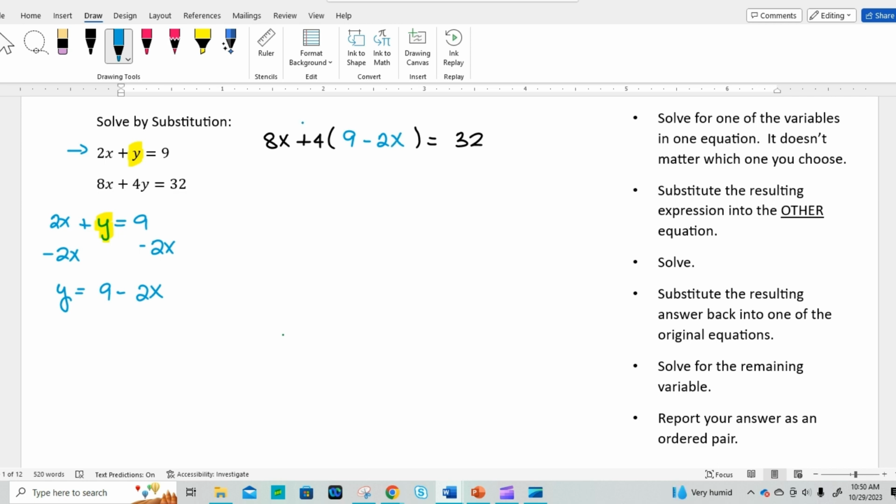And then I'll step back and I'll ask myself, well, is that only in terms of one type of variable now? And it is. So I feel very comfortable saying that I'm going to distribute and just solve. So I have 8x plus 36 minus 8x is equal to 32.